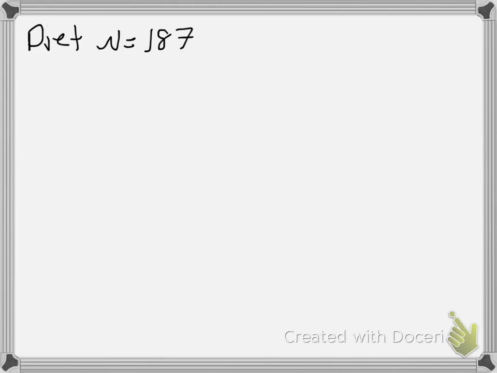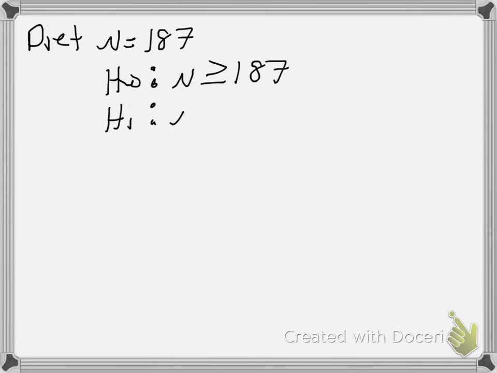So your null, if this diet works, would be that mu is greater than or equal to 187. Again, the equal to has to be there. Your alternative hypothesis, H1, would state that mu is less than 187.